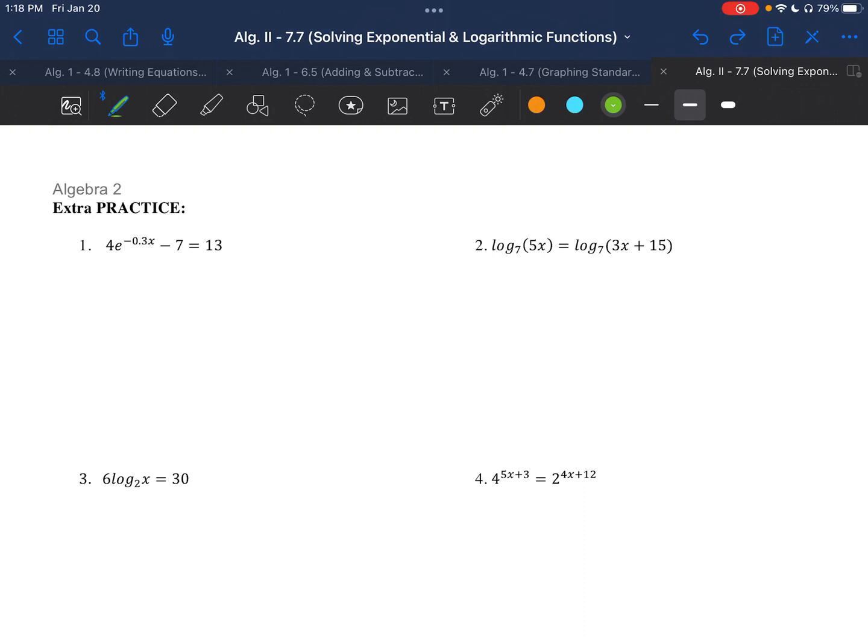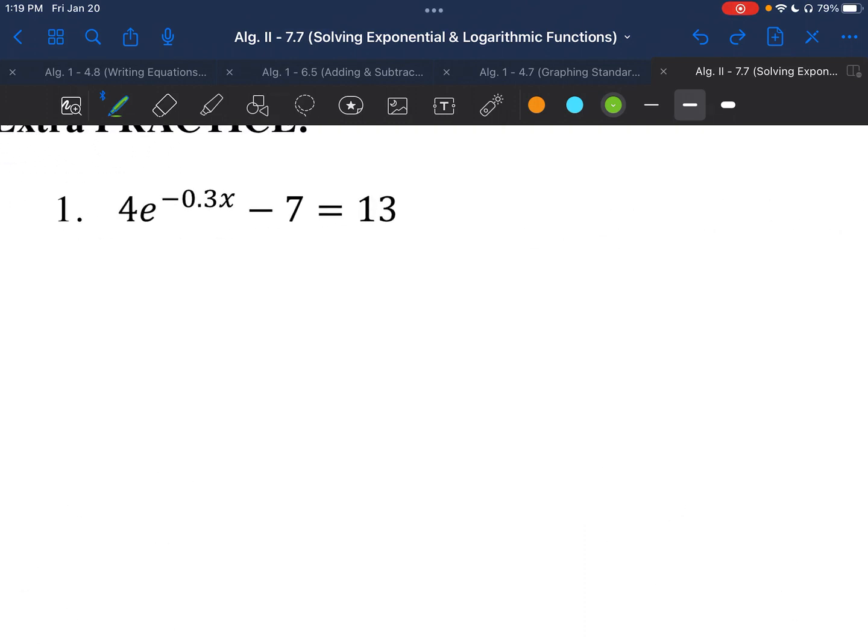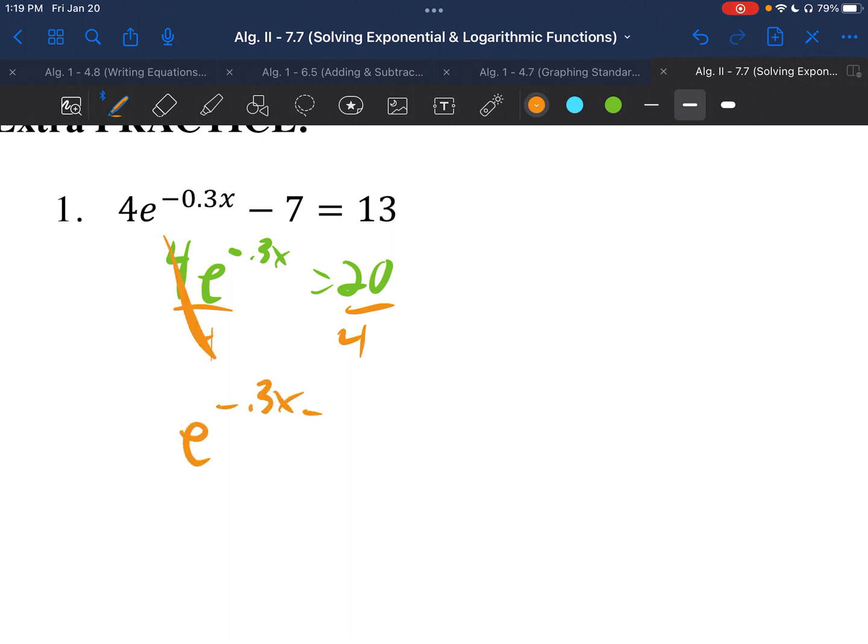4 times e to the negative 0.3x power minus 7 equals 13. So add 7, 4e to the negative 0.3x power is equal to 20. Divide by 4. E to the negative 0.3x is equal to 5. Now it's time to turn it into logarithmic form, by doing our spiral.